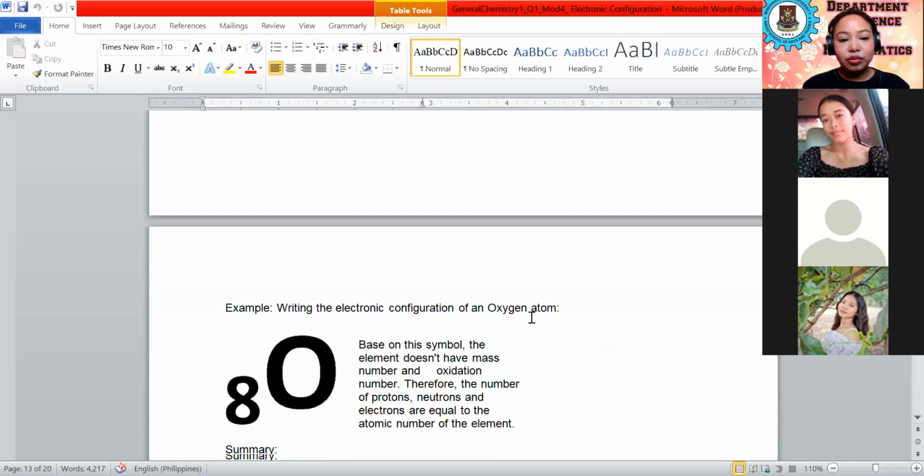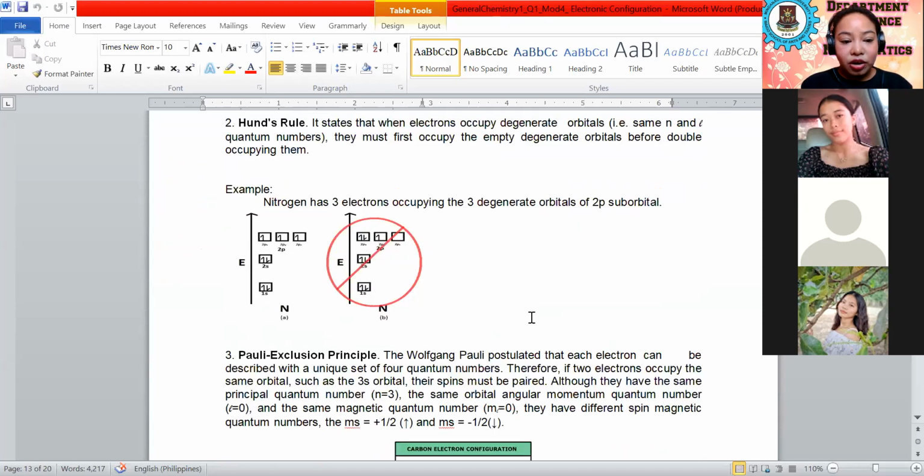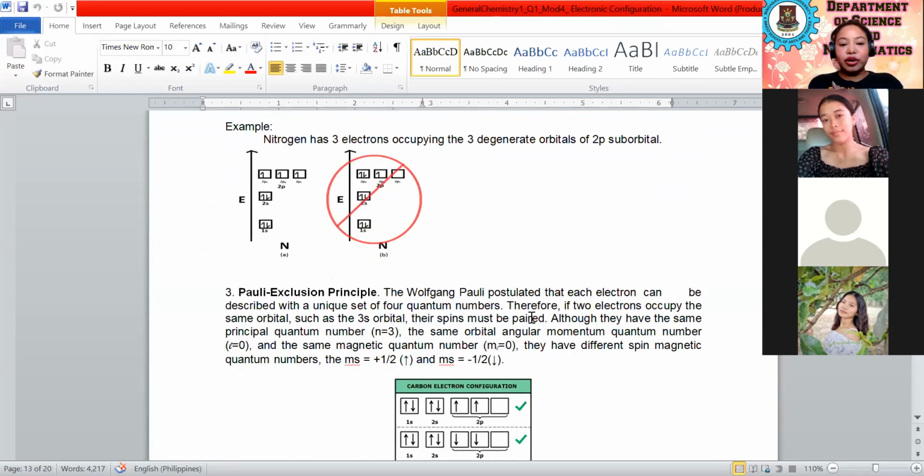Now let's go to the Pauli exclusion principle. Wolfgang Pauli postulated that each electron can be described with a unique set of 4 quantum numbers.